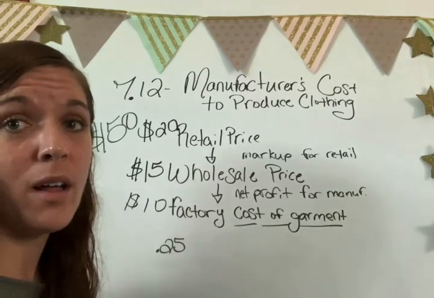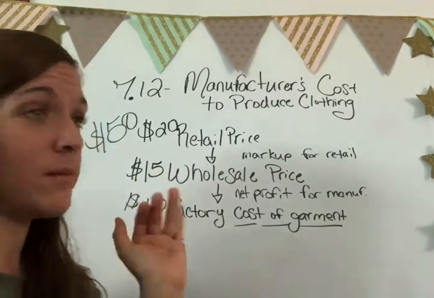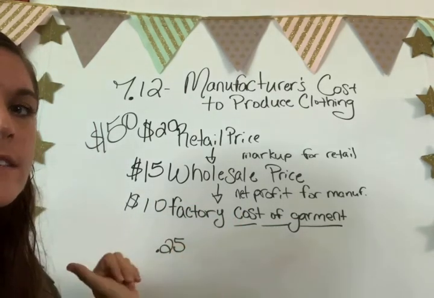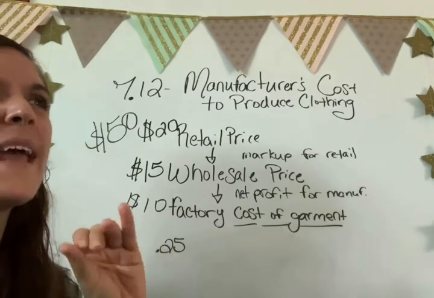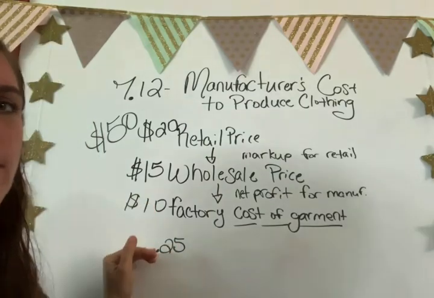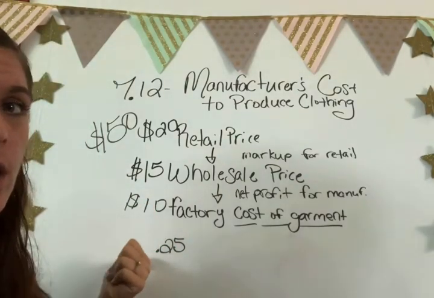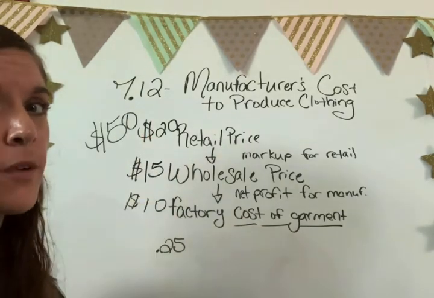And a lot of people, including me, say that that's unjust. You're going to send your factories over to places where you can pay them very, very little money just so you can come back to the United States and sell that 25-cent shirt for $50. But that's where the prices come from.